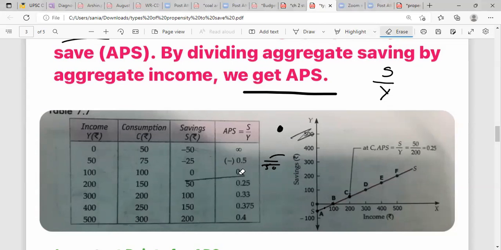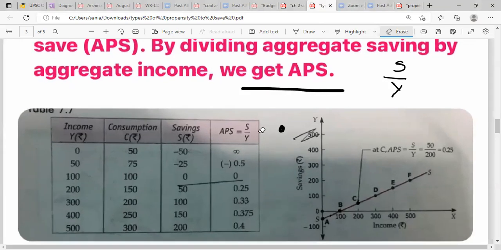Done. So you can check your answer. You got the same answer?